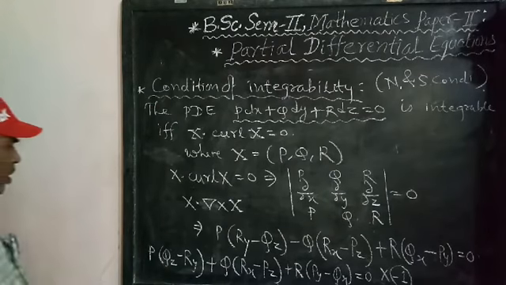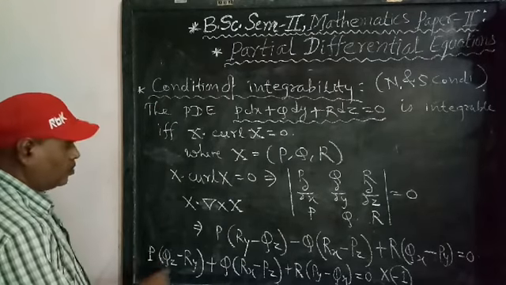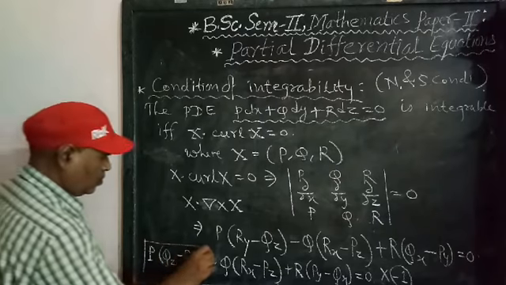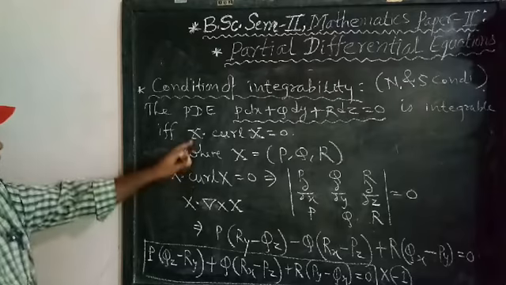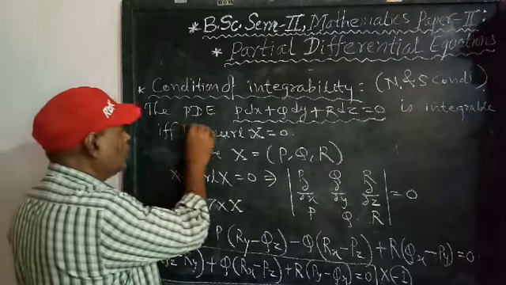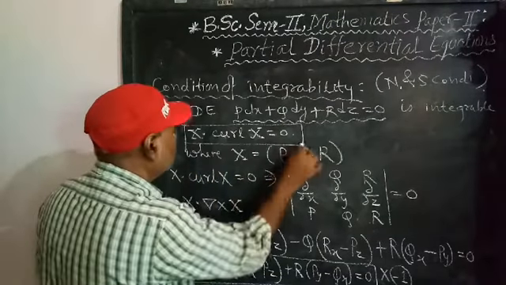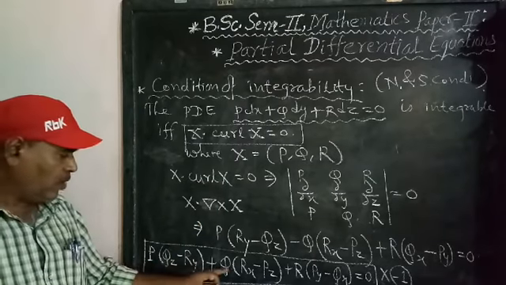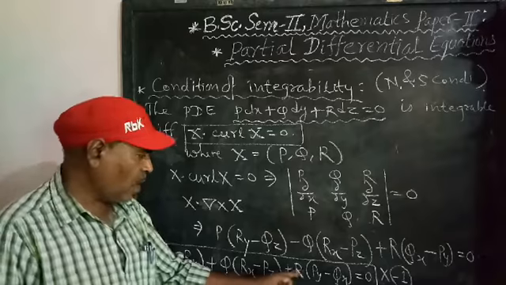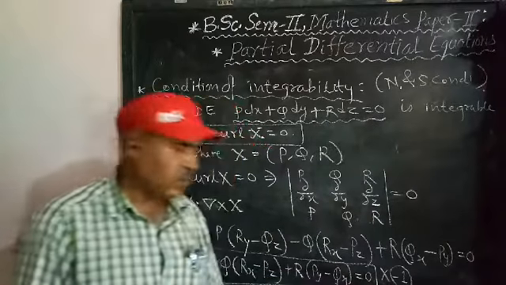Now, this is the condition for integrability. That is, X dot curl X is reduced to P into (Qz minus Ry) plus Q into (Rx minus Pz) plus R into (Py minus Qx) equal to 0.